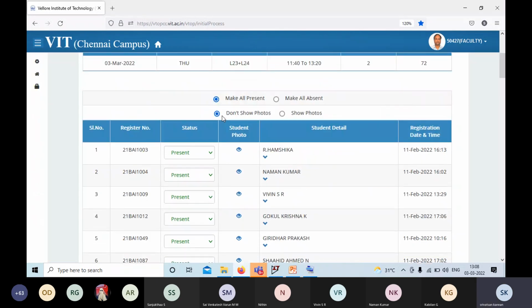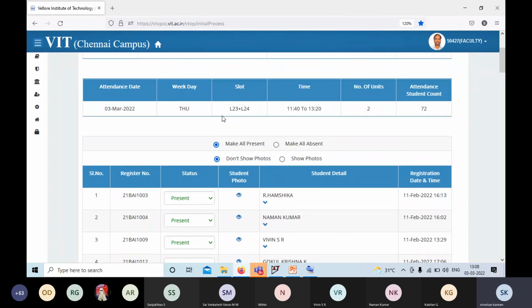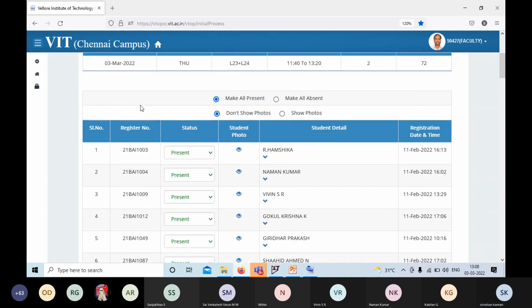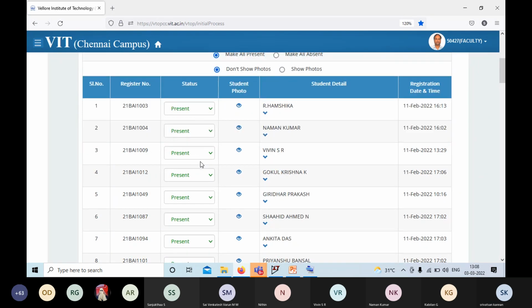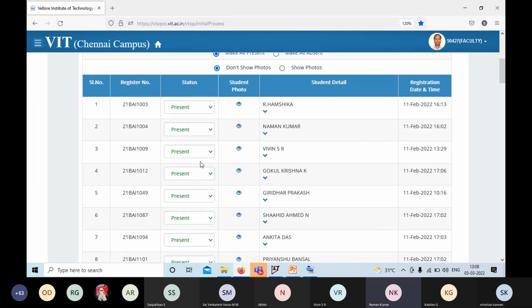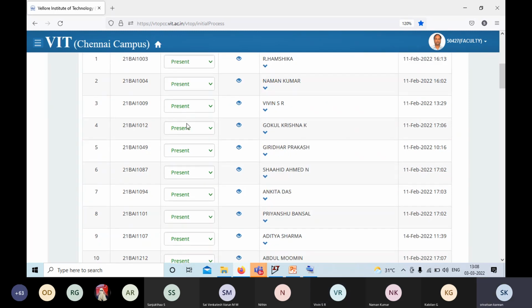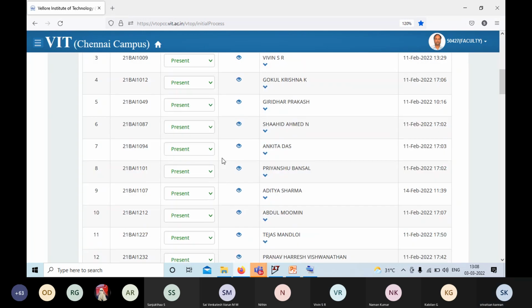Please, all of you, unmute your microphone and give your attendance. Don't interrupt me while I am taking attendance. If you haven't answered for attendance, we can give it later. Amsika, present, sir. Naman Kumar, present, sir. Vivin, yes, sir. Gokul Krishnan, present, sir. Giridhar Prakash, present, sir.